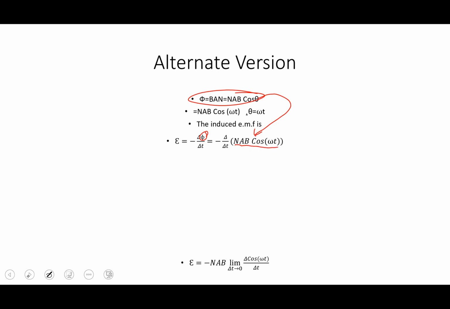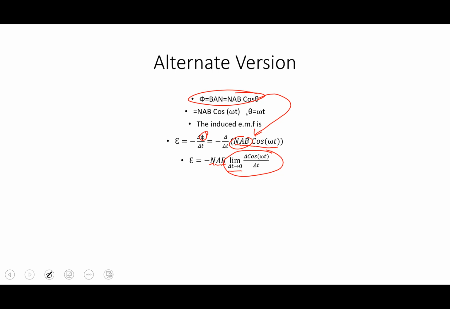Now let us apply some calculus here. All of these values are constant: the number of turns, the area, and the magnetic field throughout the process. But we are taking the limit of cos omega t divided by delta t as delta t approaches 0, so we are basically differentiating cos omega t.